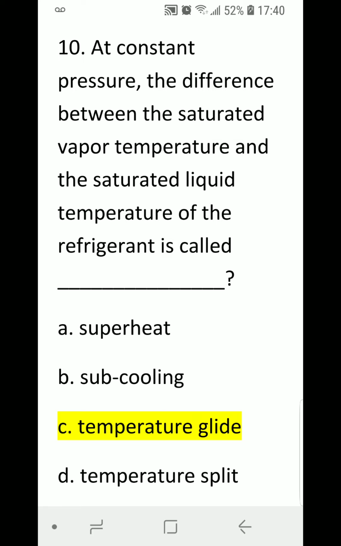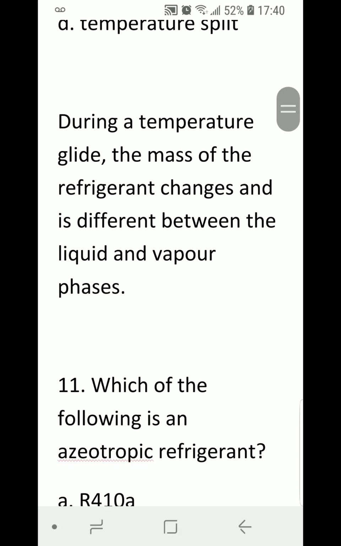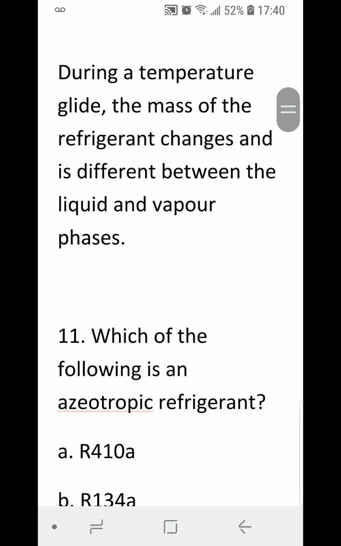Correct answer is C, temperature glide. During a temperature glide, the mass of the refrigerant changes and is different between the liquid and vapor phases.